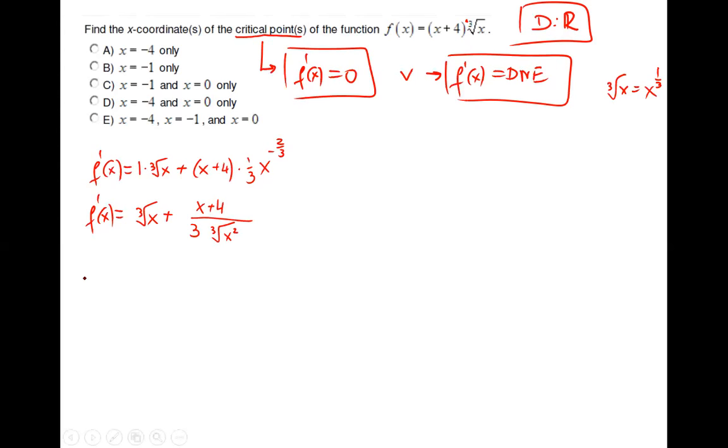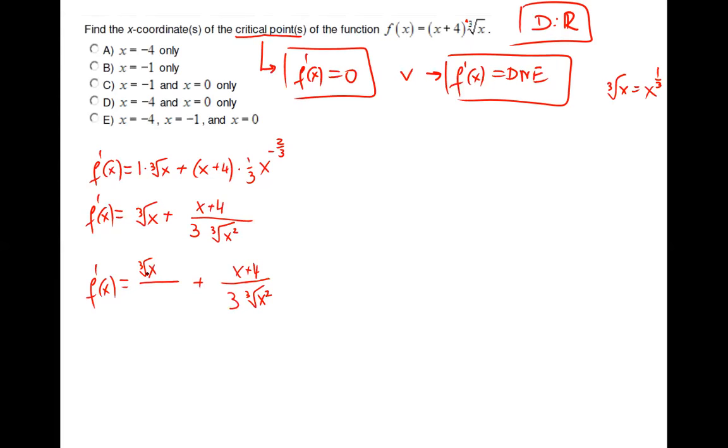Okay, I will get a common denominator because the point is to have a derivative in the nice form, and the nice form is most likely a single fraction. That means if I have a fraction and another term, it's nice to combine everything together. That means the common denominator is, of course, 3 cube root of x squared.